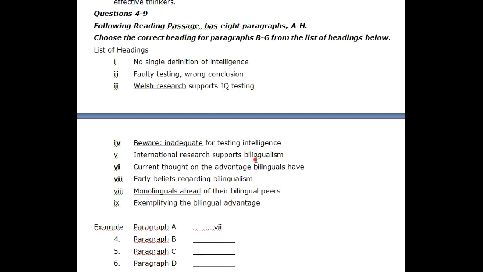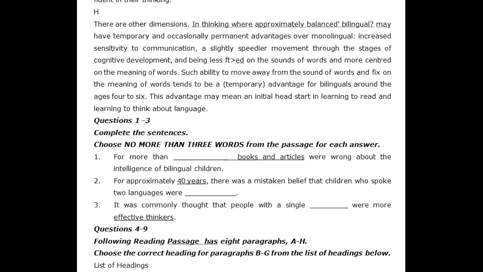No. Supports bilingualism? Yes. International research supports bilingualism? Perhaps. And monolinguals ahead? No, it cannot be. So for bilingual advantage, there are two you can see. Is it exemplifying or is it international research? That I have to find out.